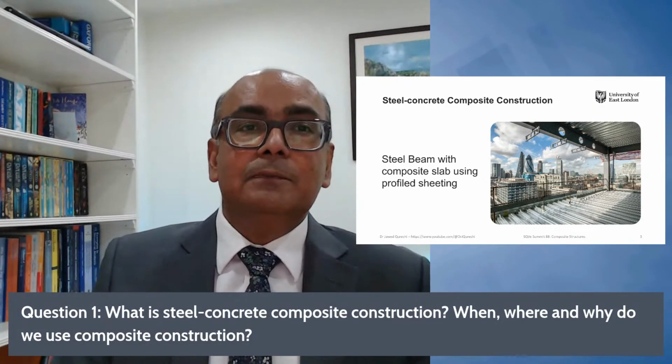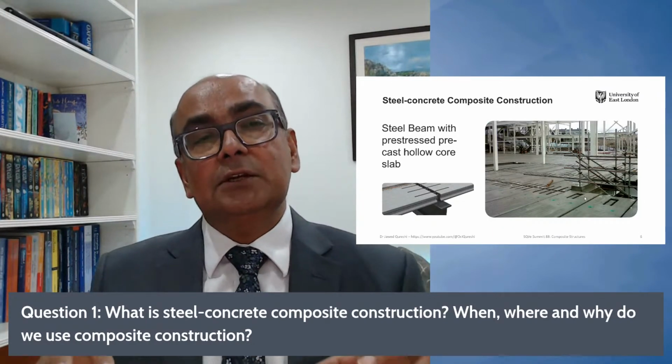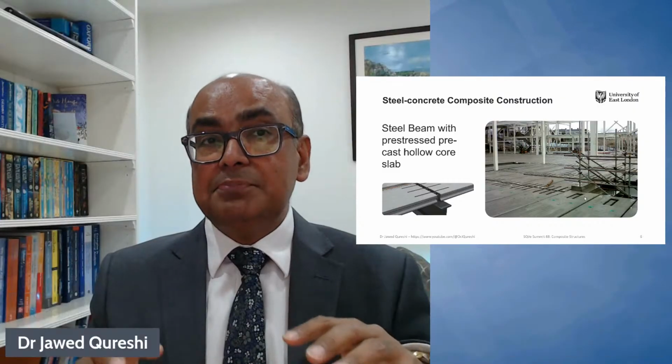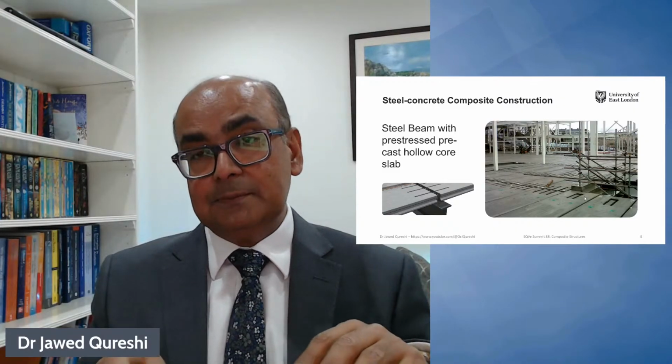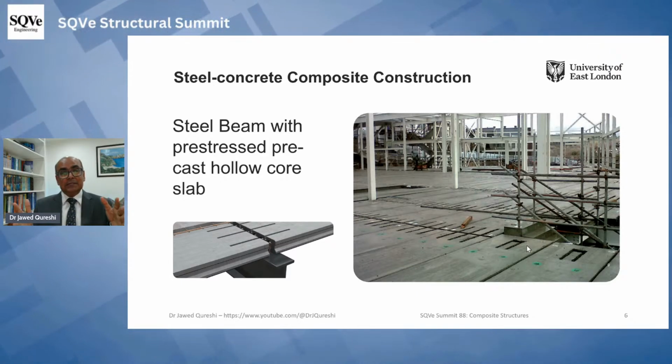And I will move to the next possibility, which is steel concrete composite beam with pre-stressed precast hollow core slabs. Now, hollow core slabs are used where a lot of spanning capability is required, as much as 17 to 18 meters of column free or beam free space.